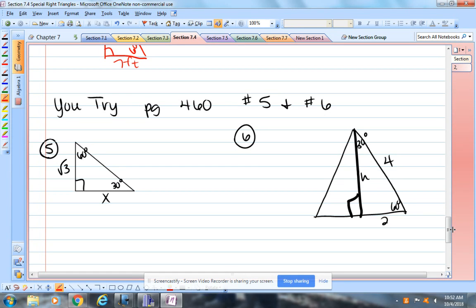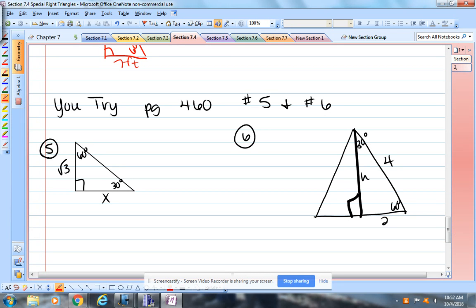On number 5, did they give you the short leg or the long leg? Or the hypotenuse? They gave you the short leg. And it's a 30, 60, 90, correct? So if they gave me the short leg, we're looking for X, which is the long leg. How do I find the long leg?